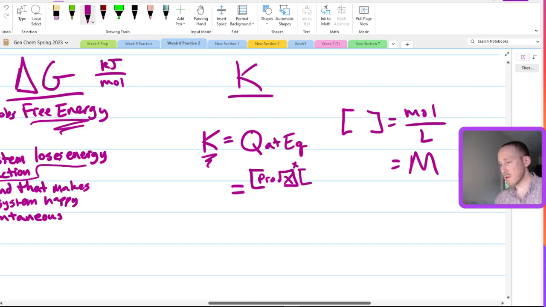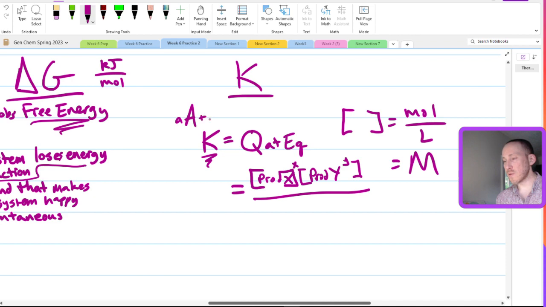And the other thing to keep in mind is that product X is going to be raised to its stoichiometric coefficient, and product Y is going to be raised to its stoichiometric coefficient. If our reaction was aA plus bB leads to, but is also reversible with, xX and yY, that's what I'm writing out here.